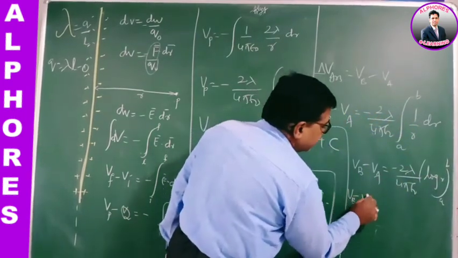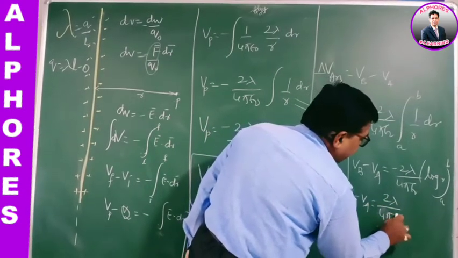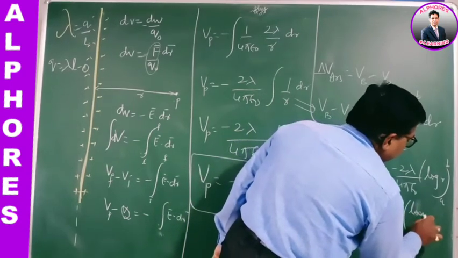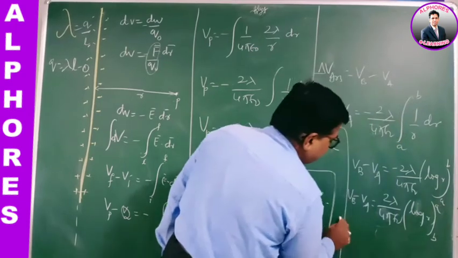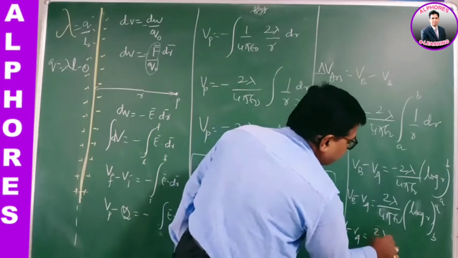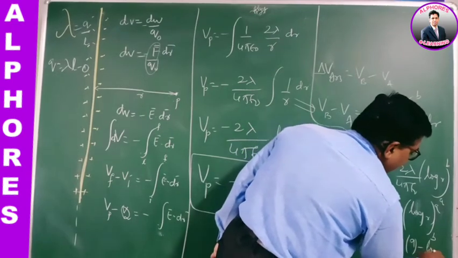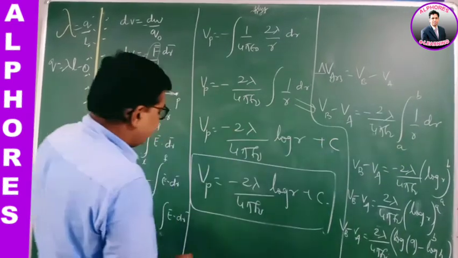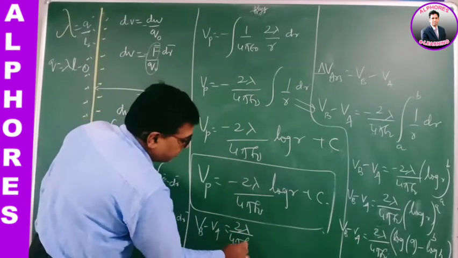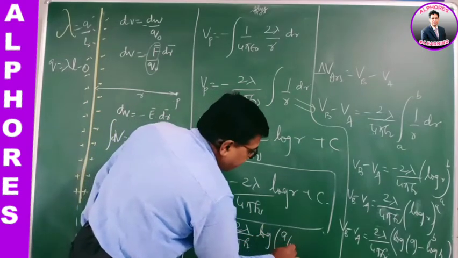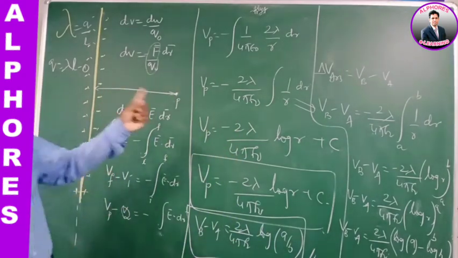So VB minus VA I can write as 2 lambda by 4 pi epsilon naught log r, taking the minus, I can reverse the limits, so it's B to A. So VB minus VA is 2 lambda by 4 pi epsilon naught times log A minus log B. Finally, the potential difference between 2 points, VB minus VA, is 2 lambda by 4 pi epsilon naught log of A by B. This is the formula for the potential difference between 2 points for a linear charge distribution.